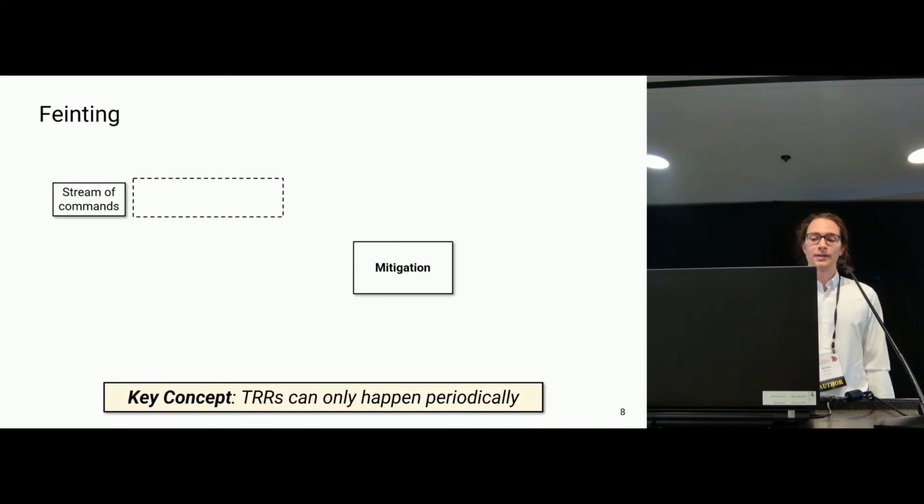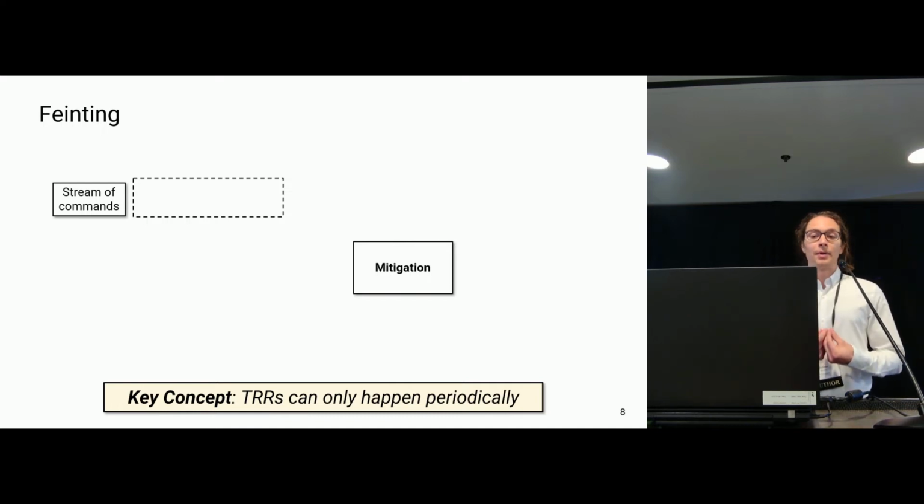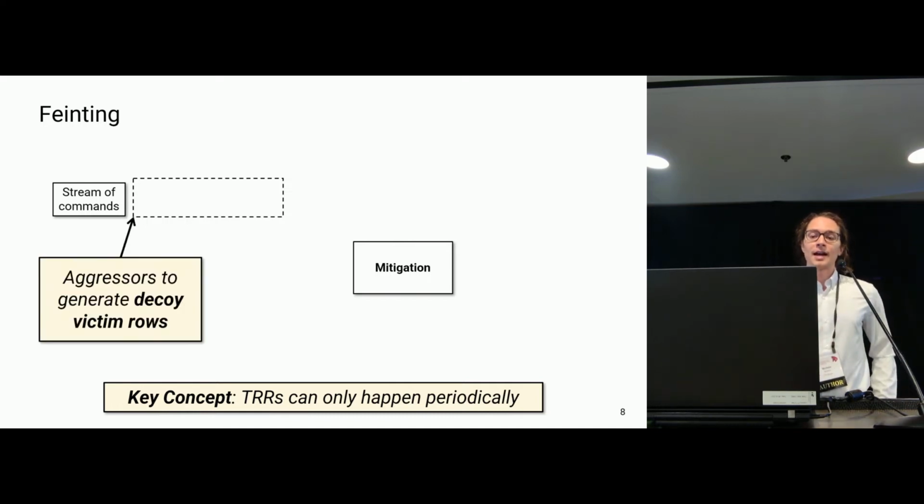How does fainting work? First, the key concept is that TRR can only happen periodically. And in the stream of commands that are sent to the DRAM, we want to activate aggressors that actually generate decoy victim rows that will be refreshed instead of the real victim. So in this case, I color-coded the row addresses.